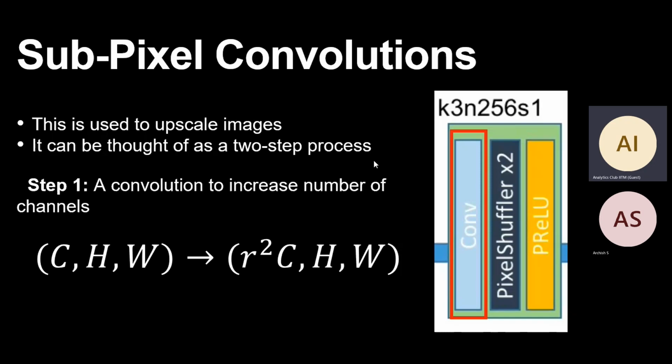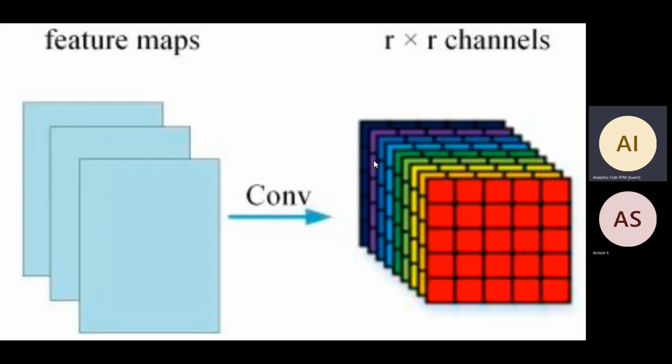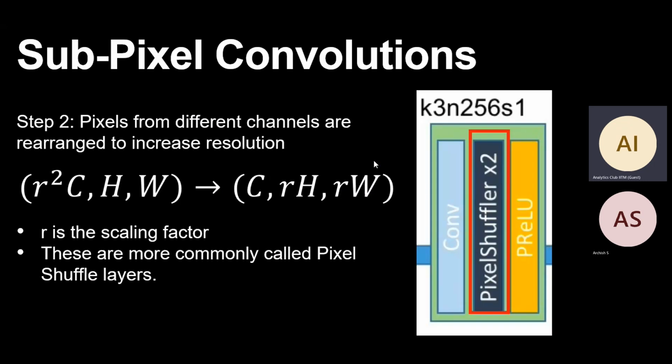You split each channel into r different channels, and that's why you get r squared channels there. So this is what happens. Now you reshuffle these pixels so that the height and width of the image increase r times each. And this is where the training part comes in. You train the model such that the final image you get has more texture and more quality than your initial image.